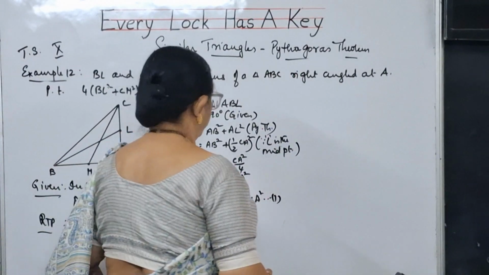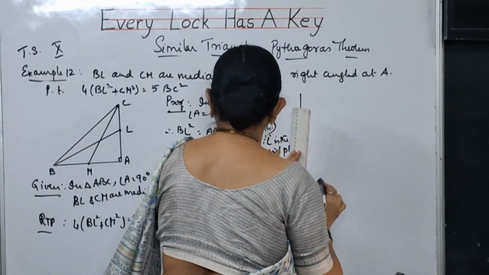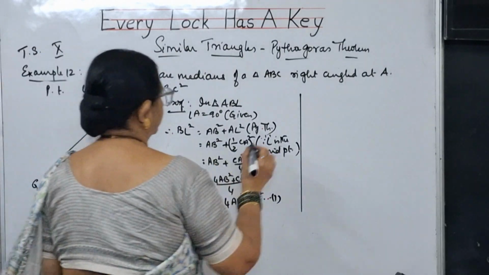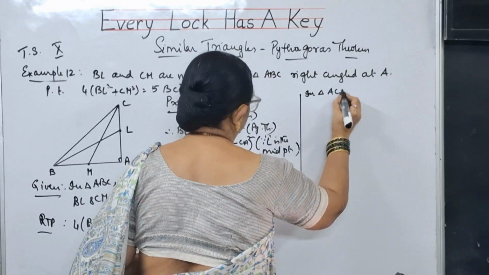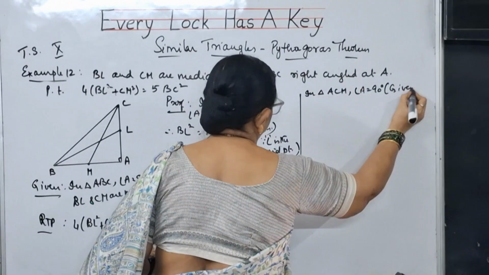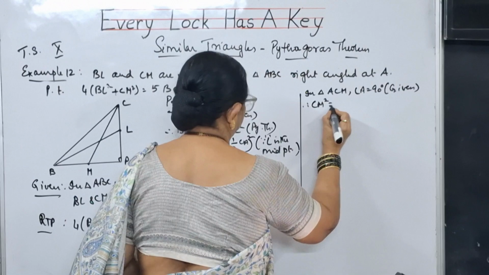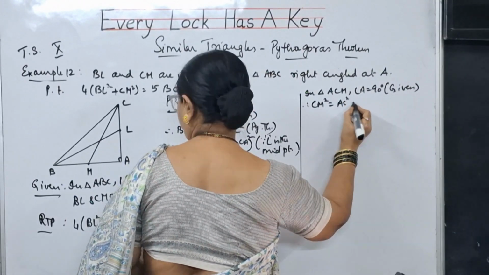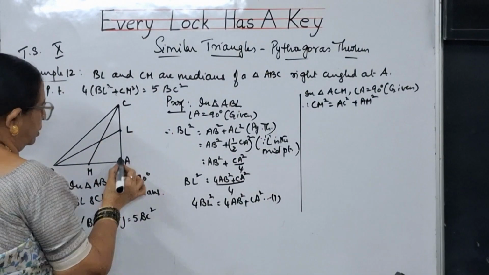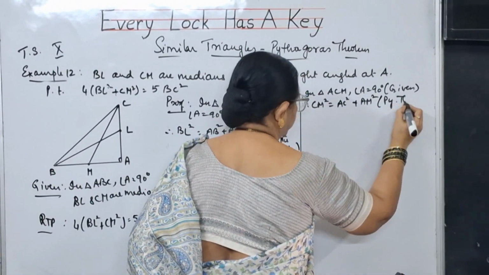Now you go for the second one. You have got triangle ACM. In triangle ACM, angle A is equal to 90 degrees given to us. Therefore, CM square is equal to AC square plus AM square, basing on Pythagorean theorem.